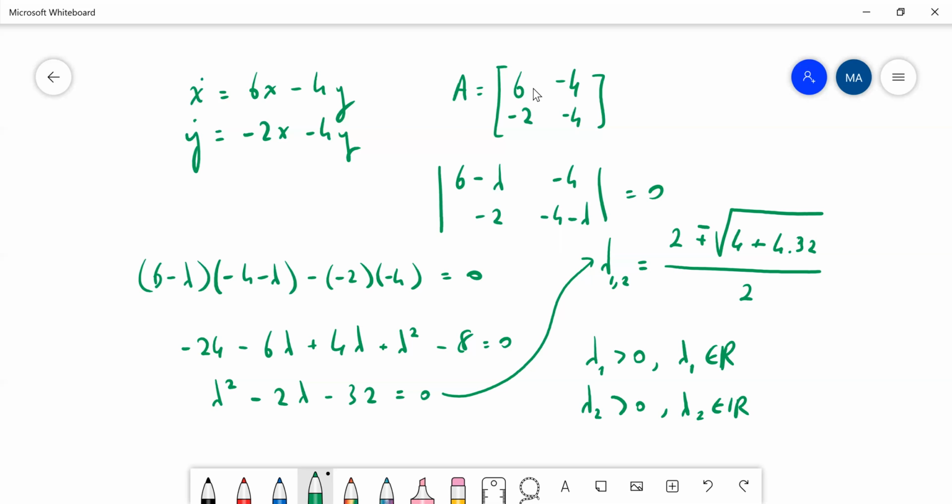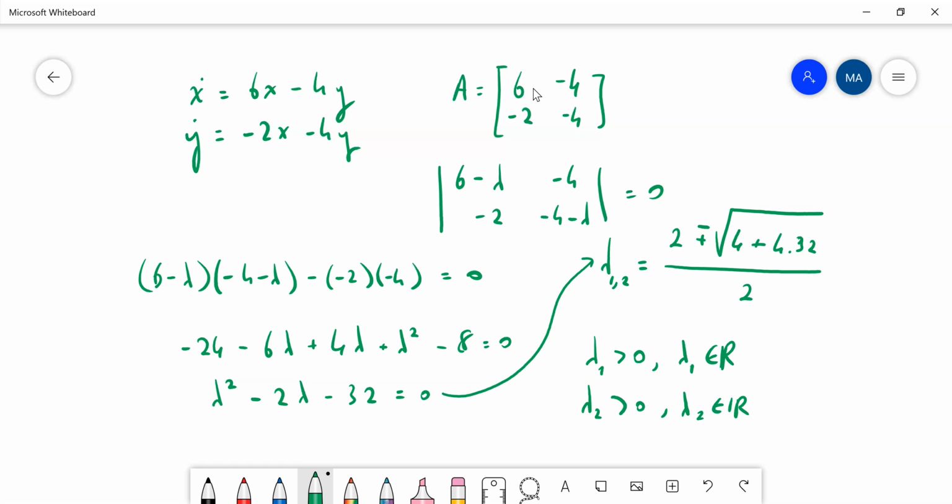So you can easily solve for a 2 by 2 system. The system could be 3 by 3. The same will happen, right? Your characteristic equation will be a polynomial of order 3, and then you're going to have 3 eigenvalues. Remember one thing about polynomial equations: your roots could be equal.